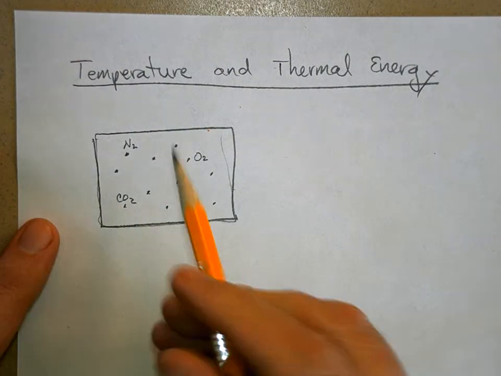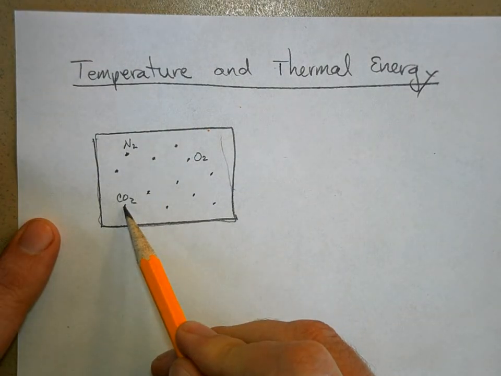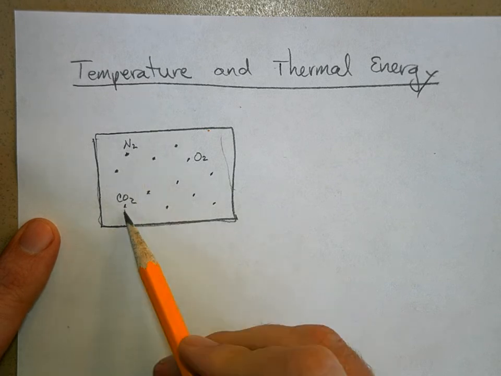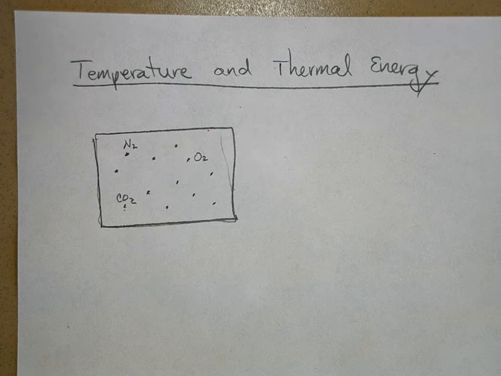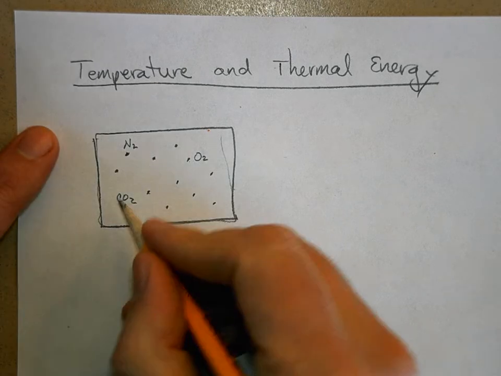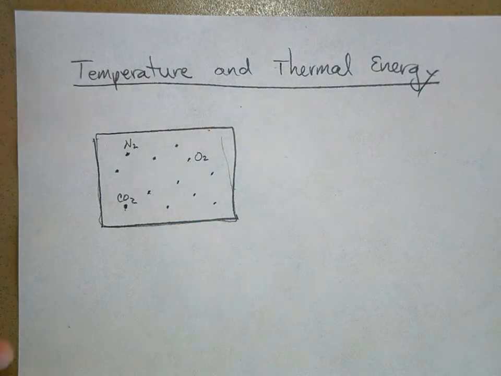If you have a CO2 molecule, it has more mass than an N2 or an O2. In chemistry you can figure out what the mass is by counting how many protons and neutrons it has in the whole thing. Electrons are pretty much negligible. But anyway, each one of these guys is moving.